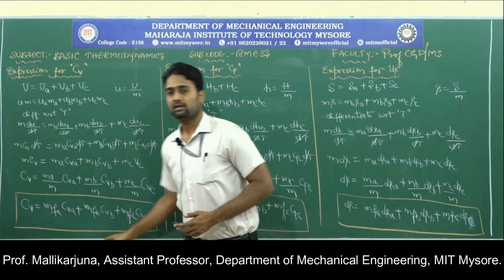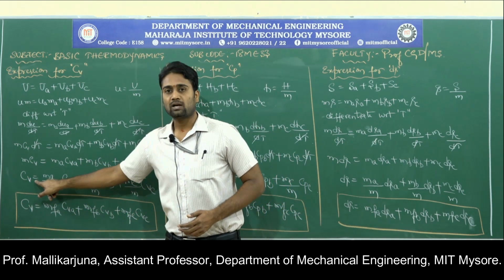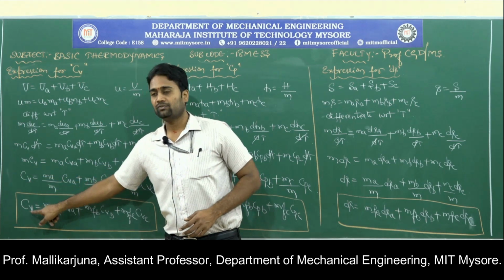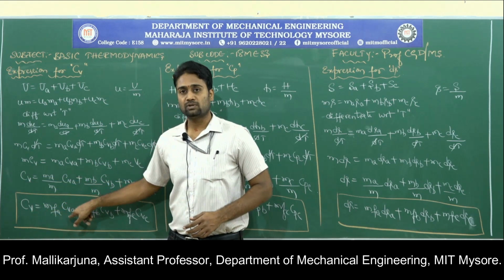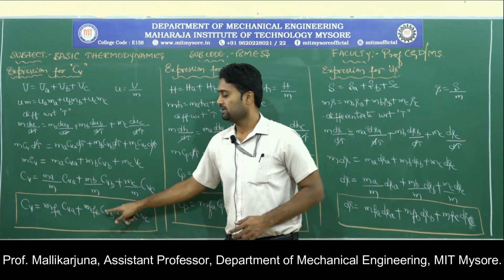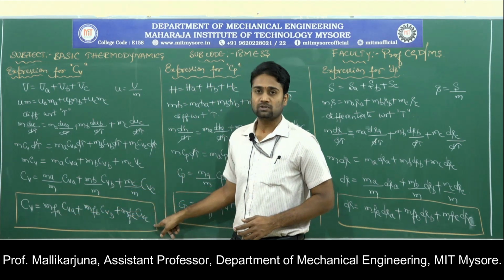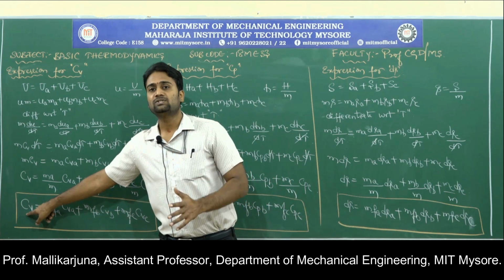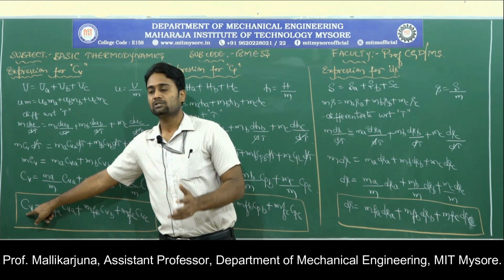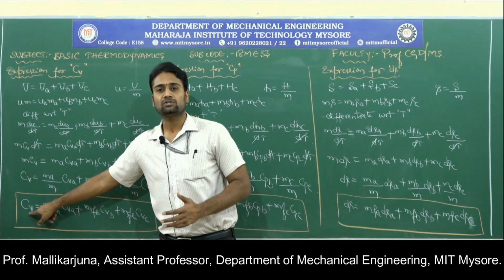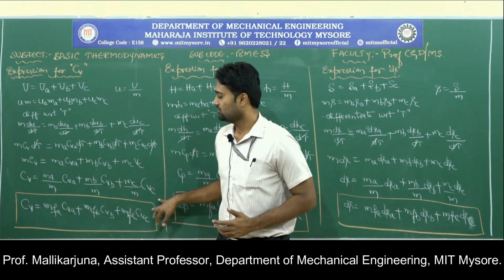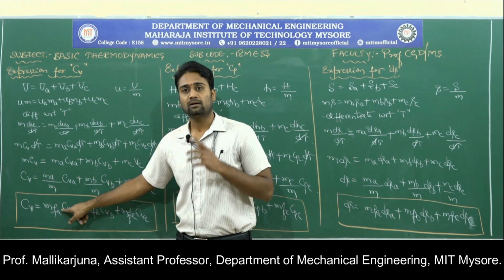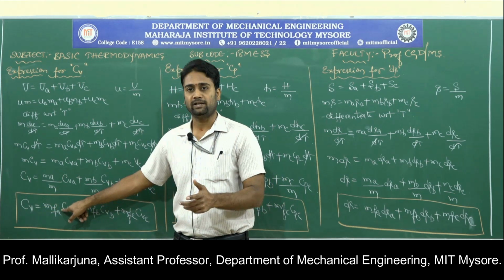If I look onto the final equation, Cv, I do not have any suffix of constituent gases. Cv is for the mixture. Cv of the mixture is Mfa times of CvA plus Mfb times of CvB plus Mfc times of CvC. What I mean to say is, if you want the mixture's specific heat at constant volume, then it is a summation of products of mass fractions into corresponding constituent gases' specific heat.